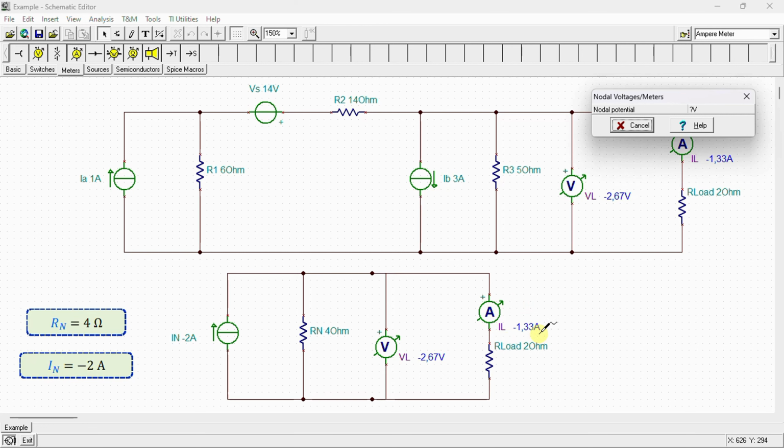The current flowing through the load resistor is equal to -1.33 amps, and here it is equal to -1.33 amps. Through simulation, we can observe that the two circuits demonstrate identical behavior when we connect a load between terminals A and B. This outcome confirms the validation of our calculations.